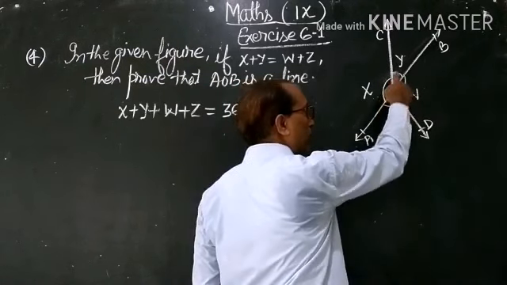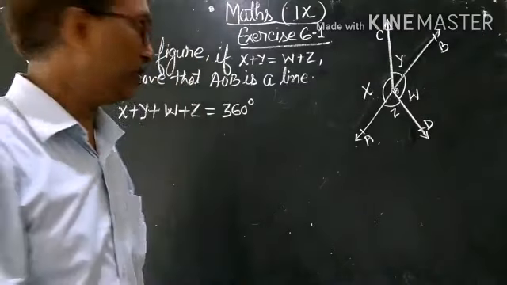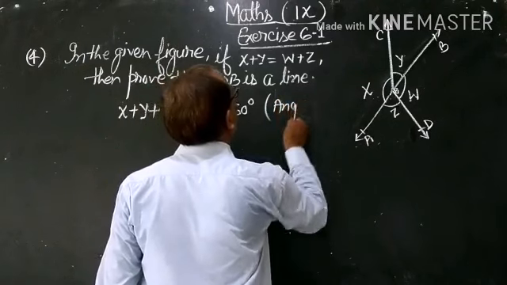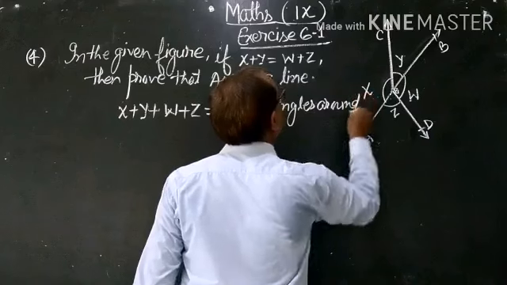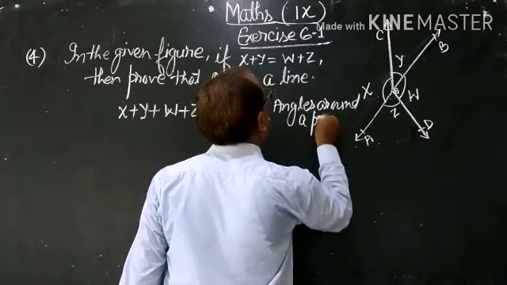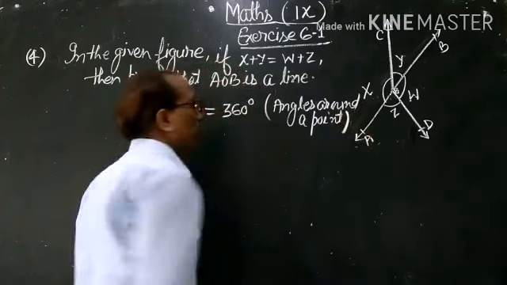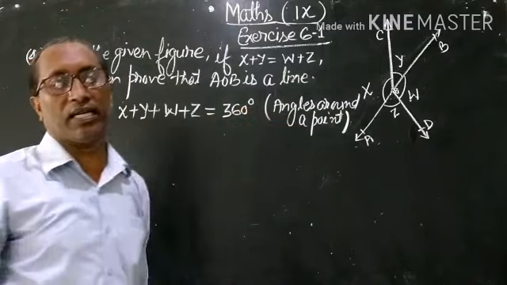Angle around a point is 360 degree. You write here in the bracket angle around a point. By this property, we are able to write x plus y plus w plus z is equal to 360 degree.